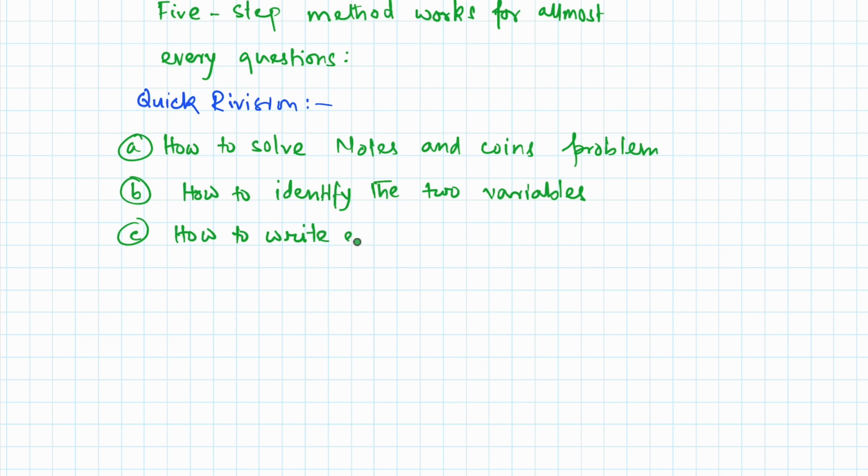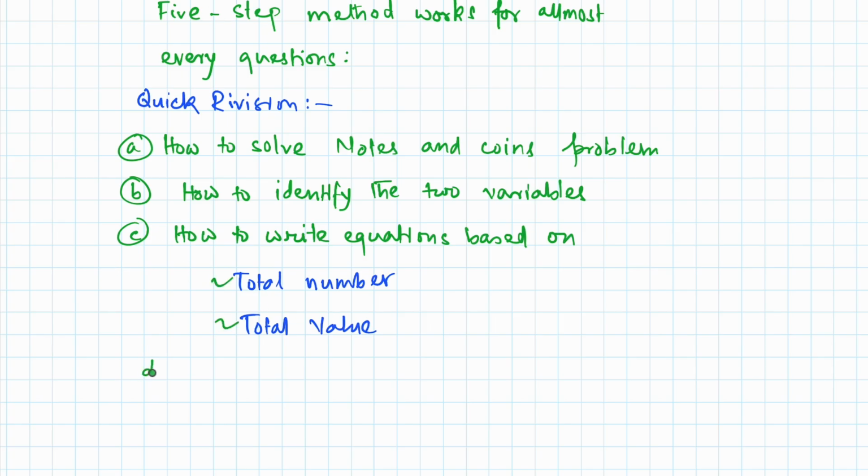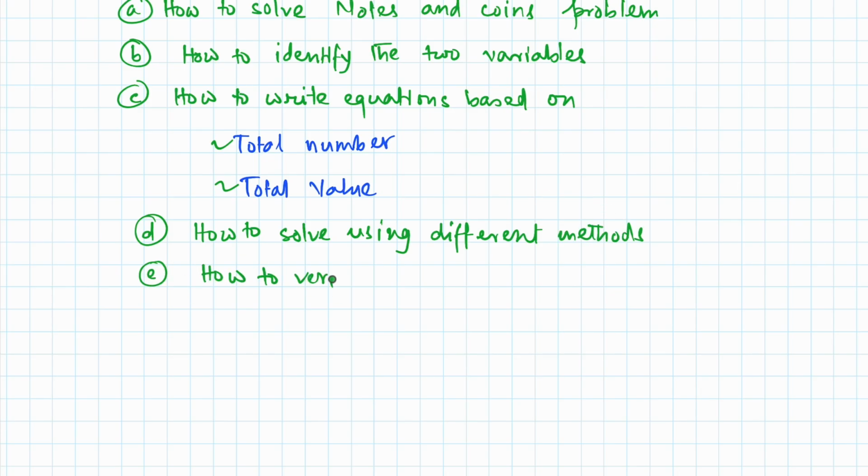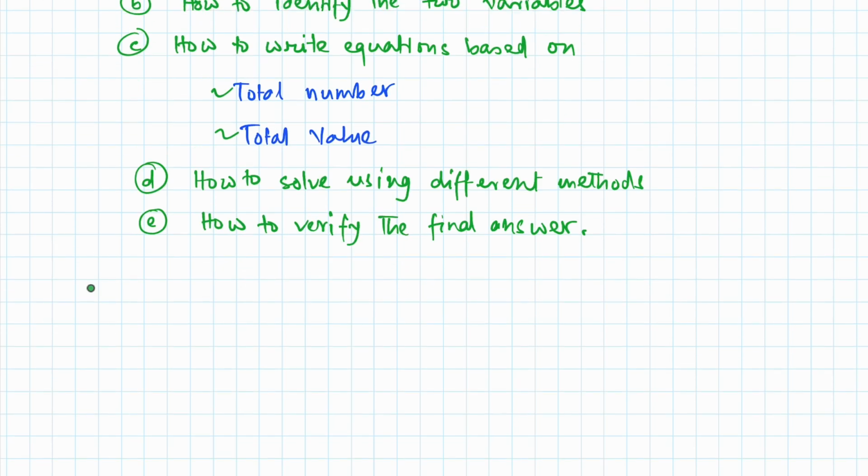C, how to write each of the equations based on the total number of coins or notes and total values of coins and notes. And D, how to solve using different methods, elimination or substitution or cross multiplication. And E is how to verify the final answer of the results.